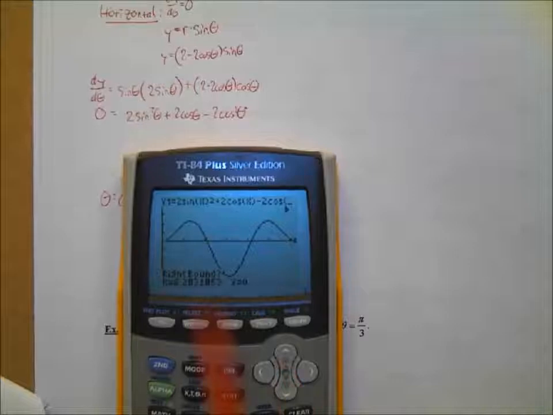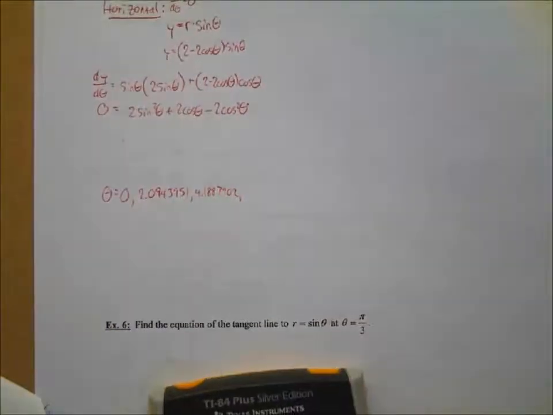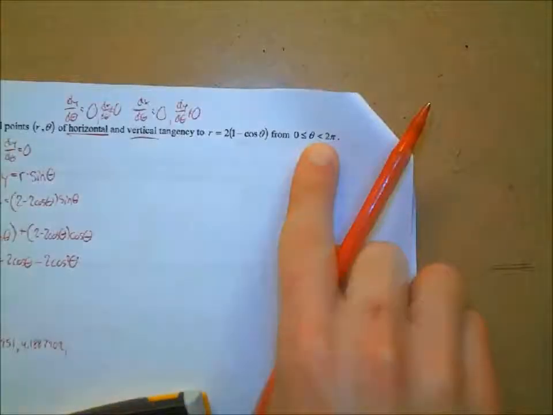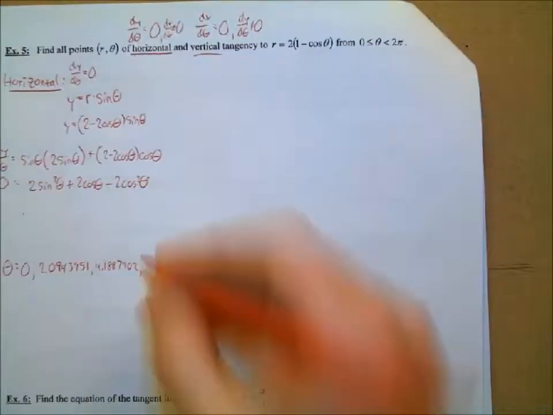We do have a 0 at 2 pi, but do we want to include 2 pi as a solution? Nay. Okay, because we are not including 2 pi there. So those are our 3 solutions right there.